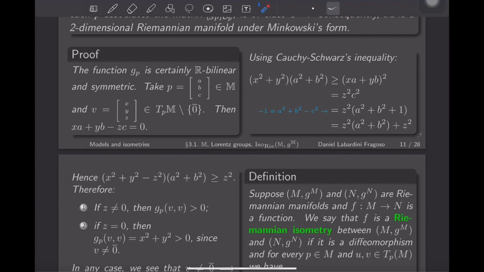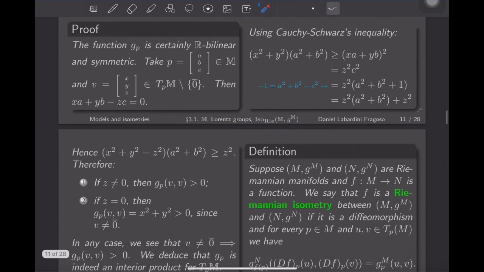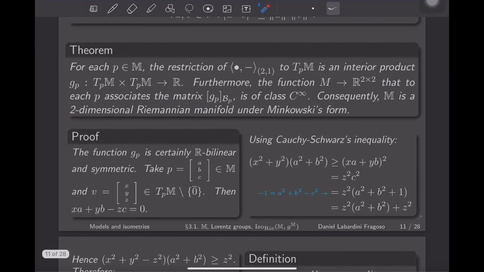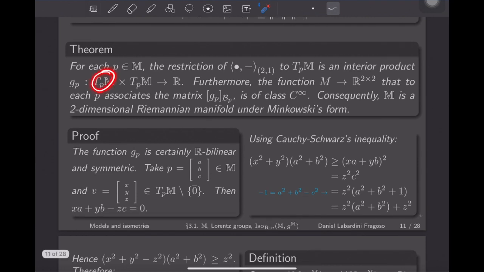So I took my non-zero vector. What I want to prove is that paired with itself is strictly positive, because that's part of the definition of being an inner product: that every vector paired with itself is positive.